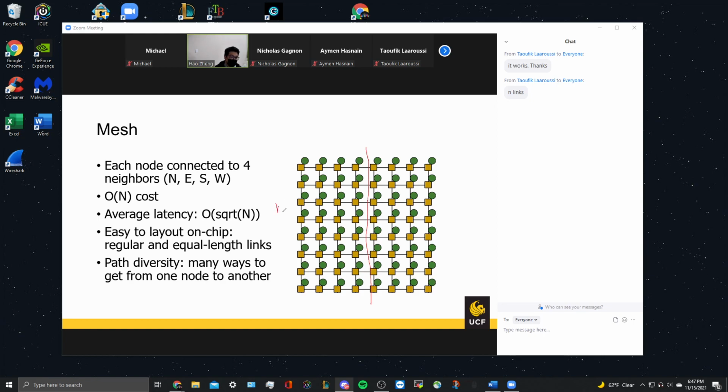We assume this is an n by n topology, n nodes. So how many links do we have? The bisection bandwidth should be n, right? 1, 2, 3, 4, 4. So the bisection bandwidth is n. It's not a constant, right? So it has a better scalability, because it has better bisection bandwidth.